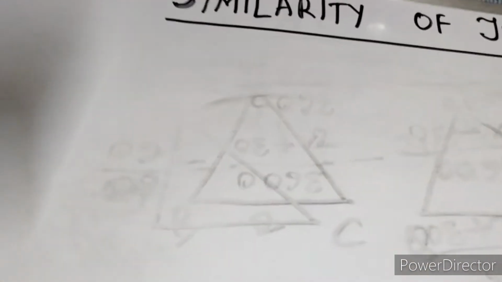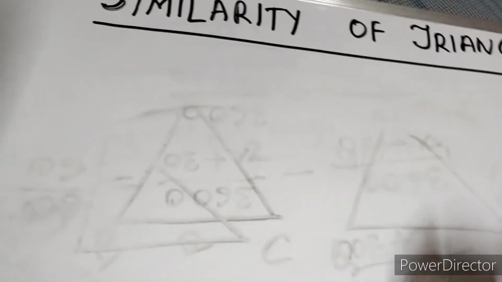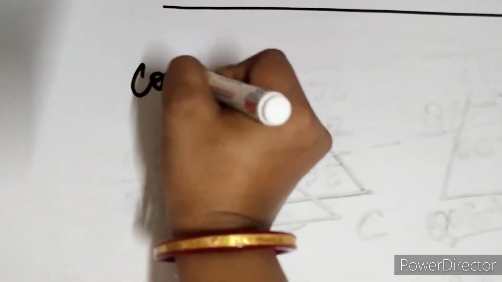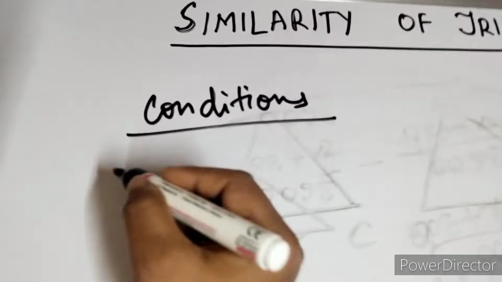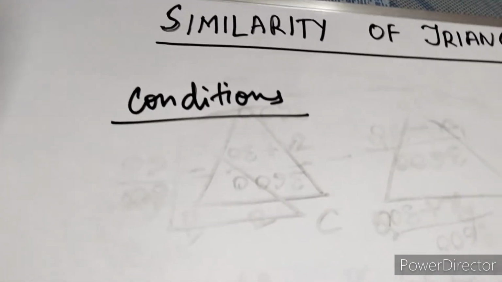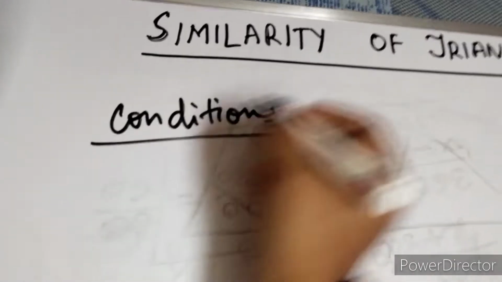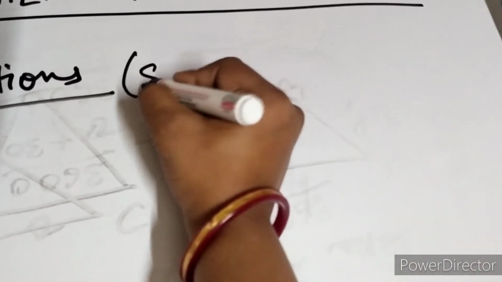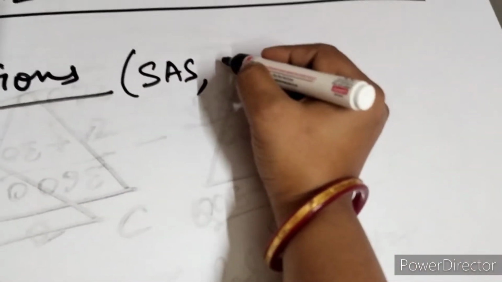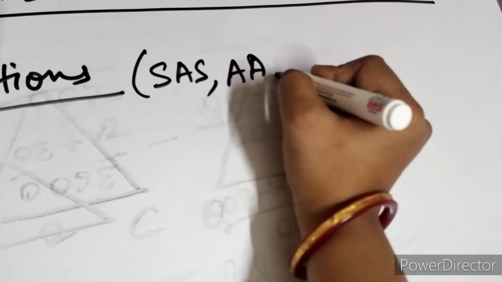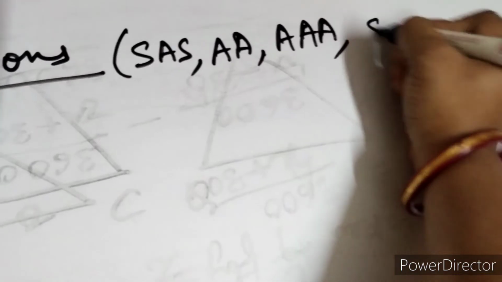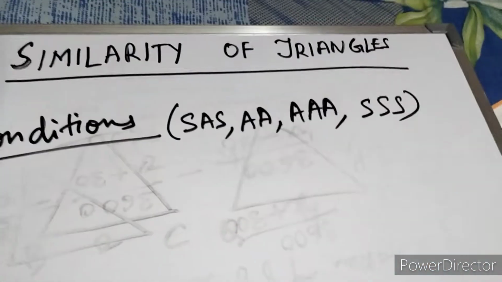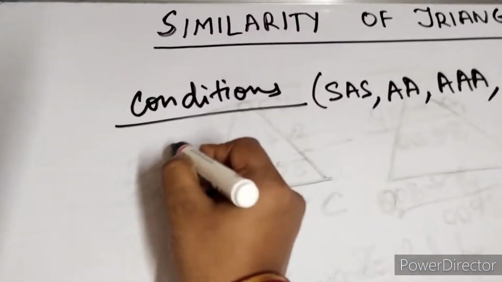Now let us know the conditions necessary for similarity of two triangles. There are a few criteria like side property, angle property, and side-angle-side.